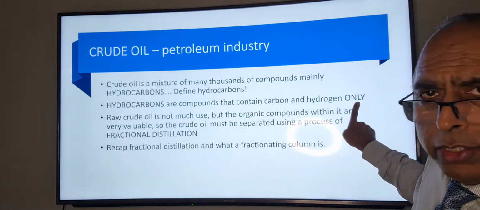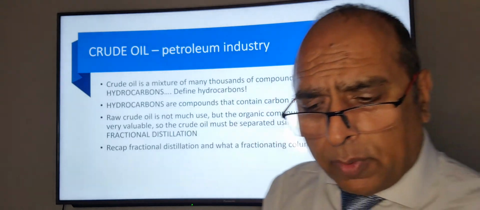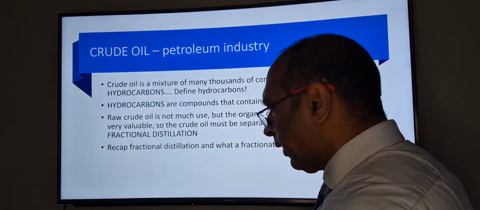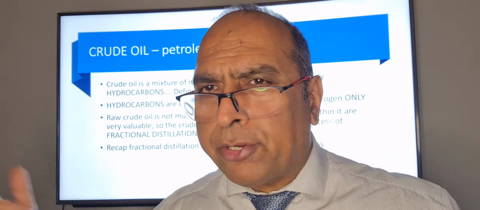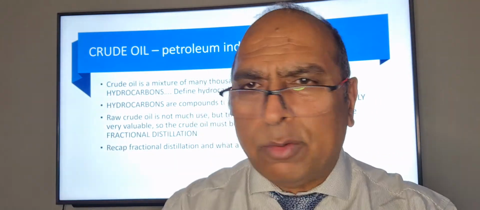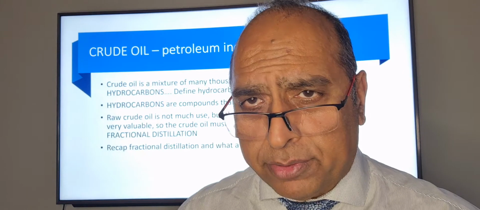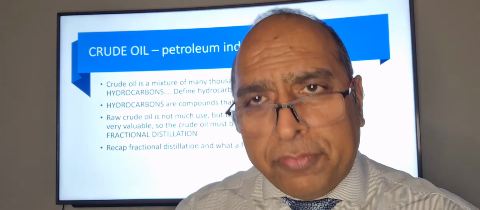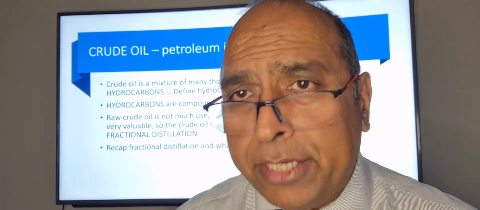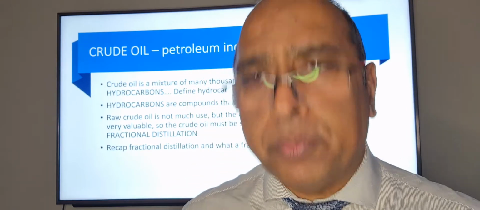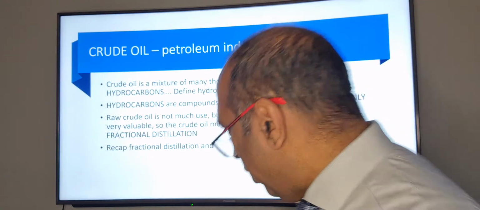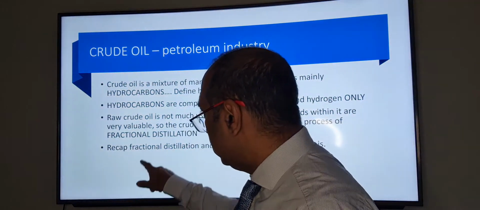You must put the word only in exams, otherwise you're going to lose a mark. So crude oil, big, complex, thousands of hydrocarbons, all different types. And this topic, we will get into the different types of hydrocarbons that we find within crude oil later. Not this video, but some other video.